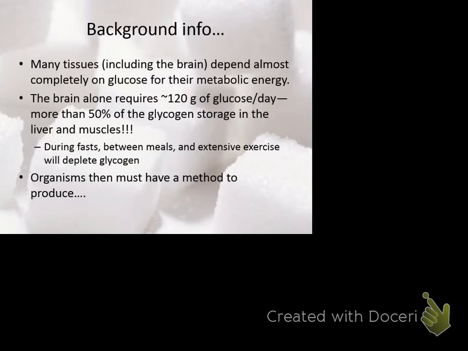Okay. And so we've talked about the fact that the brain alone requires more than 50% of the glycogen storage on a daily basis. And some estimates have it much, much higher. I guess it depends on how much thinking you do. And so that's why between meals during a fast, we have to have some way to recoup some of the sugar, okay?